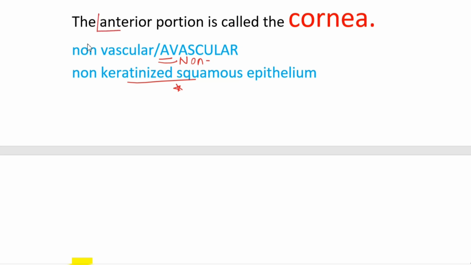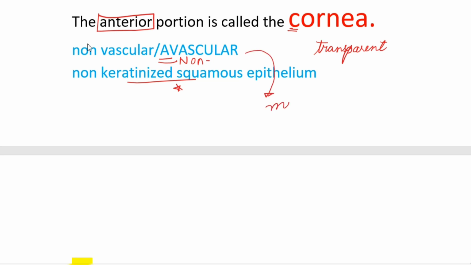A means no, so avascular or non-vascular, and it is composed of non-keratinized squamous epithelium. So sclera is made up of dense fibrous connective tissue, whereas cornea, which is the anterior portion of the sclera, is made up of non-keratinized squamous epithelium. Sclera was the white of the eye, but cornea is transparent.